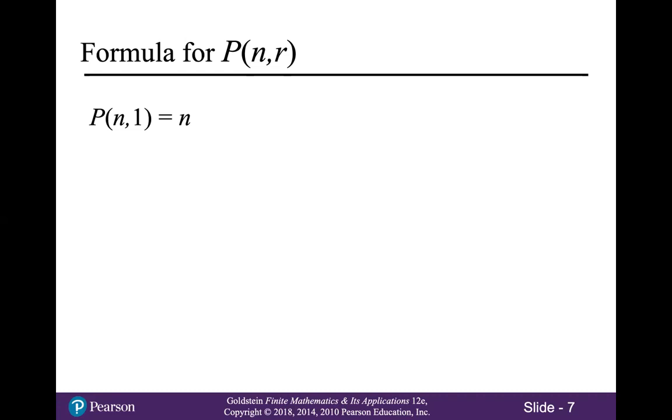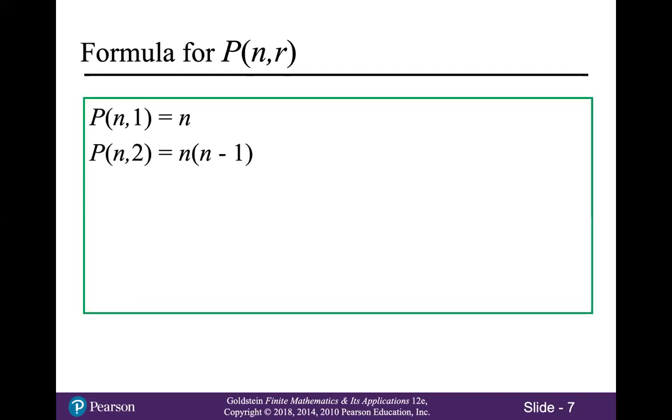All right. It almost doesn't even make any sense. There's one book, therefore there's only one way to put it in order. So P(10, 1) would be 10. Nothing special about the number 10. For any number n, P(n, 1) would be equal to n.